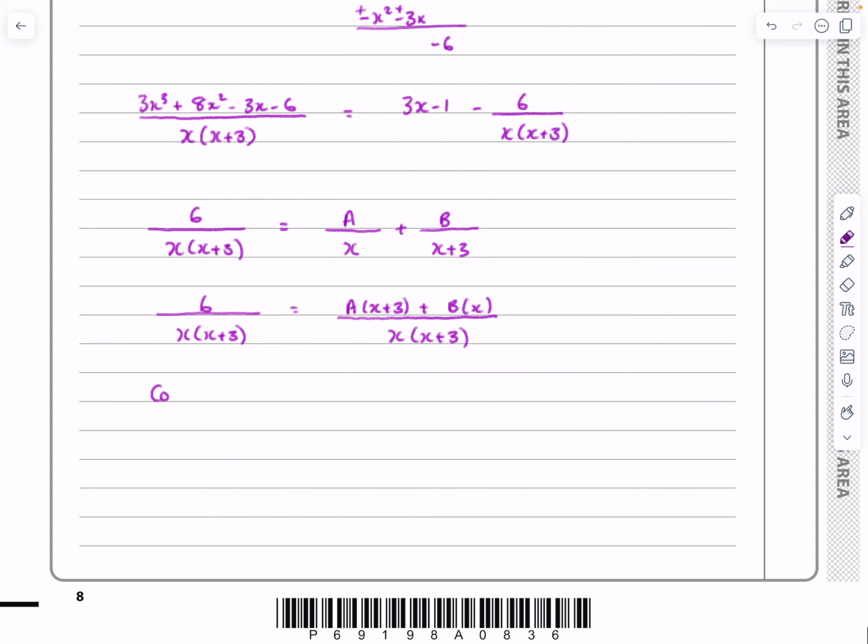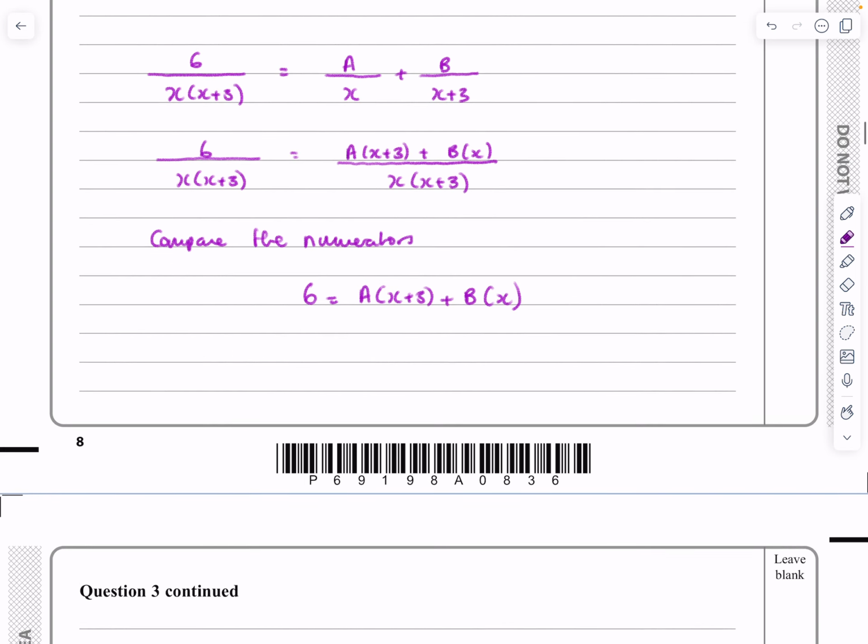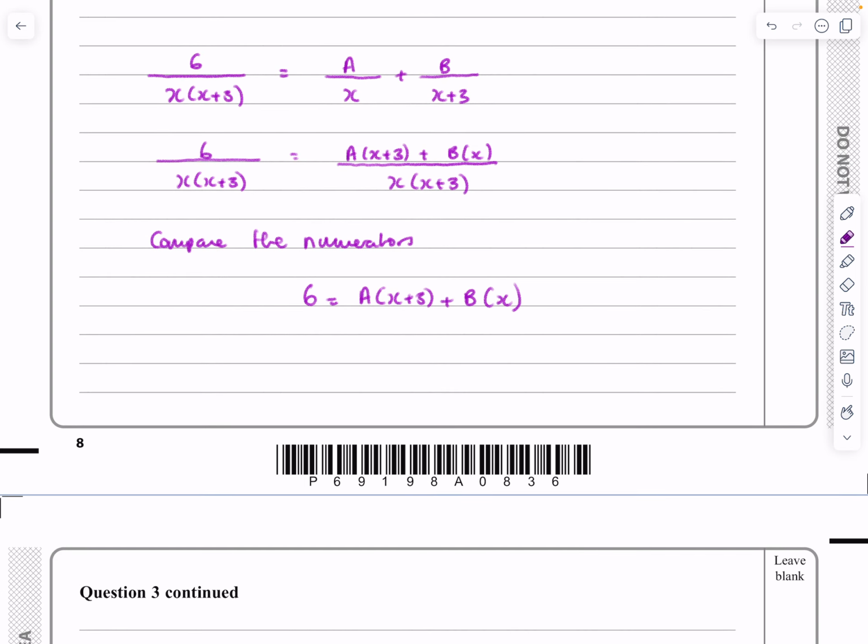Let's just compare the top lines, compare the numerators. So I'm going to get that 6 equals A(x plus 3) plus Bx. I hope you're very comfortable with doing this work. I need to get rid of the A and get rid of the B. I'm going to get rid of the B first of all by setting x equals 0.